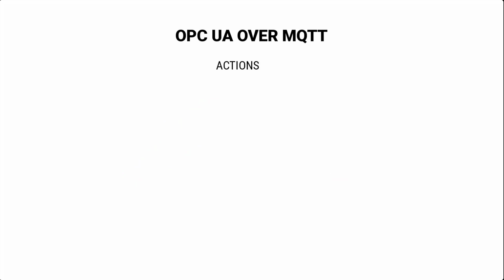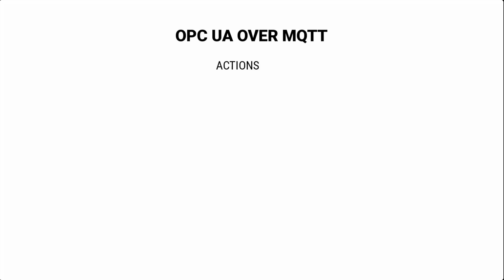Moving on, as you may be aware, OPC UA client-server model has a feature called methods, whereby an OPC UA client can invoke a method in the OPC UA server that performs a specific task. In OPC UA over MQTT, these are called actions.